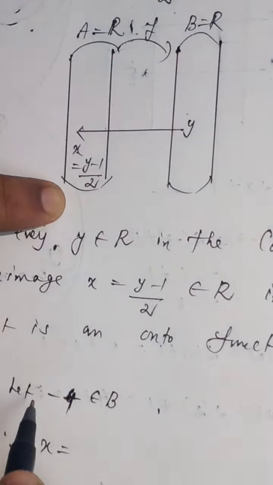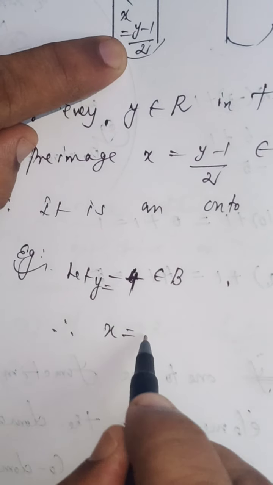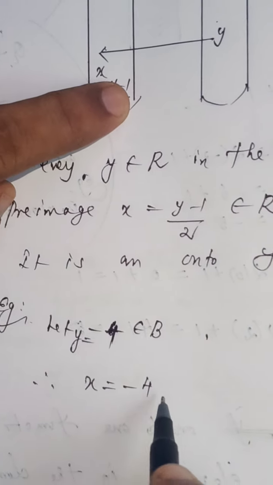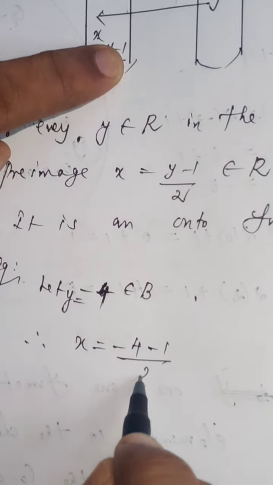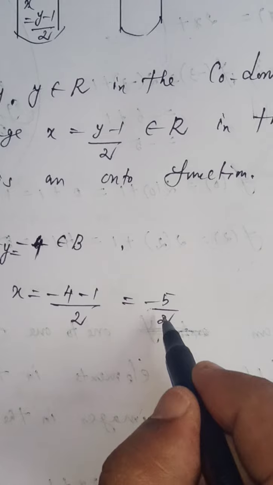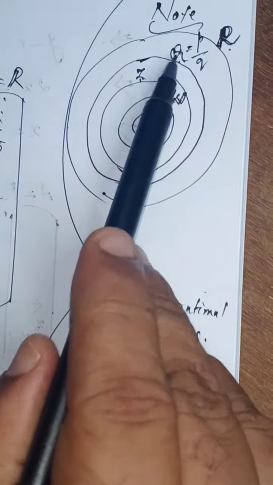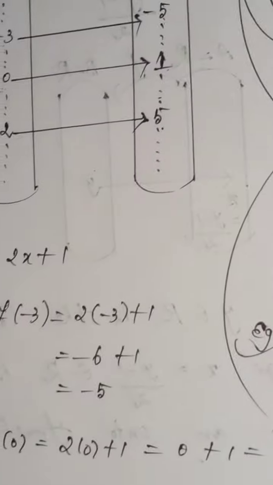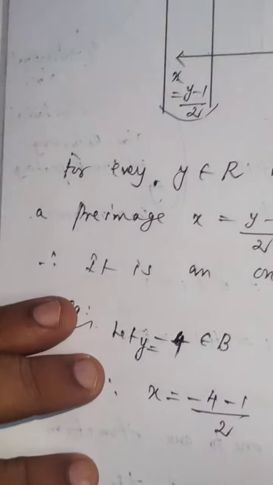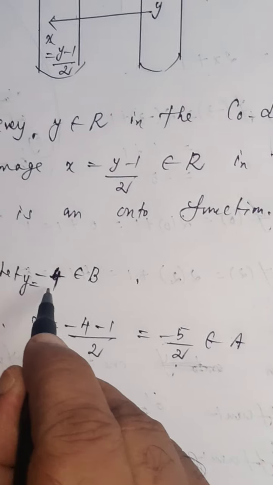Let y equal minus 4. Substitute: minus 4 minus 1 by 2, that is equal to minus 5 by 2. Minus 5 by 2 is a rational number. A rational number is a real number only, no? So it belongs to A, it is also a real number.